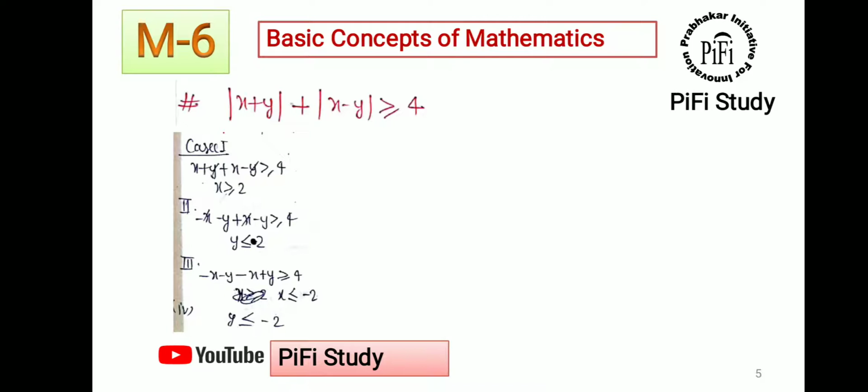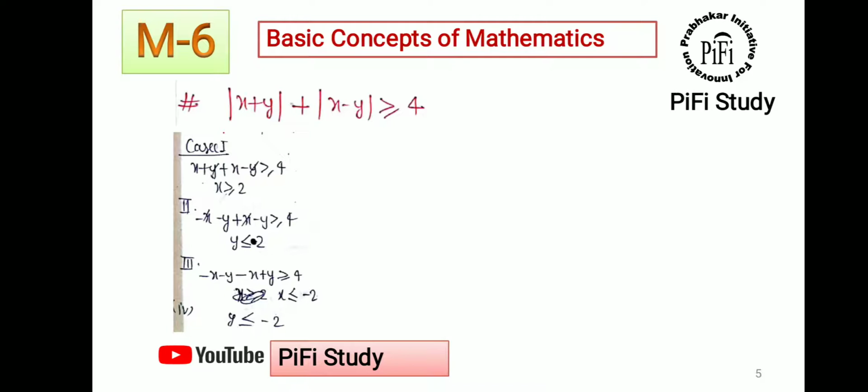Third, if both are negative, then you will get x is less than or equal to minus 2. And in the fourth case, if the first one is negative and the second one is also negative, then you will get y is less than or equal to minus 2.